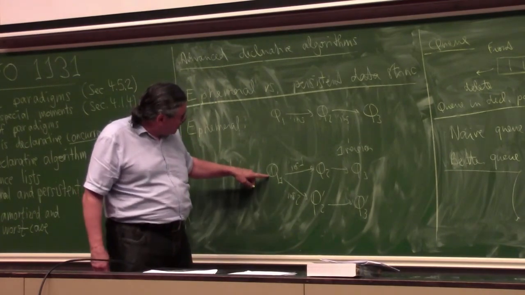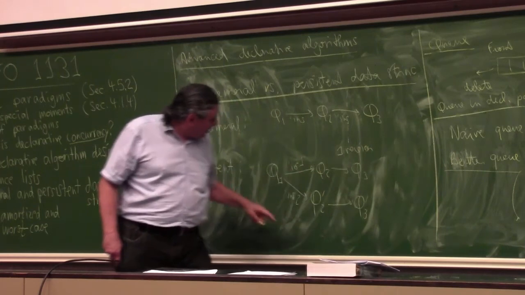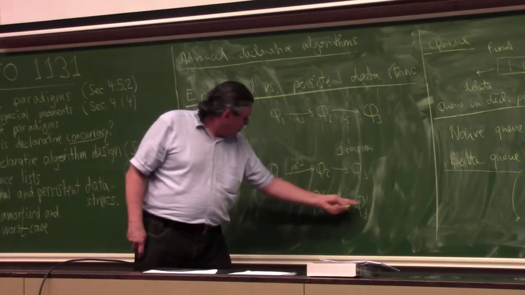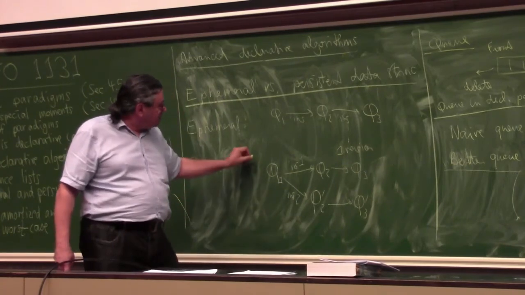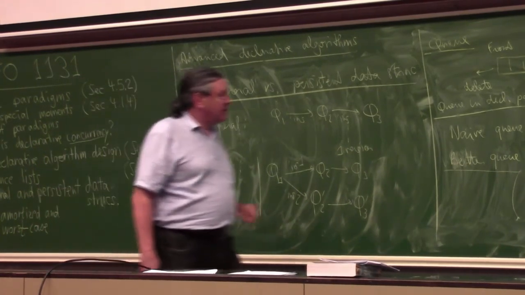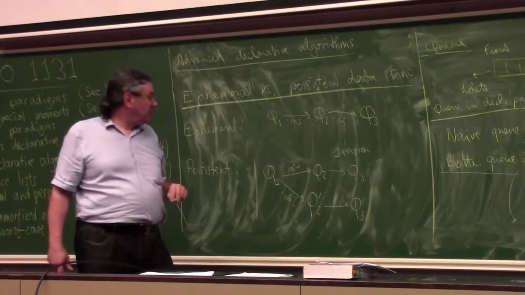This means that I insert 1 in Q1 and I go like this, or I insert 2 in Q1 and I do like this. This doesn't work for the constant time queue, because I can only do one append in the difference list.